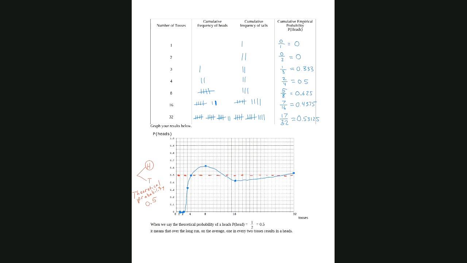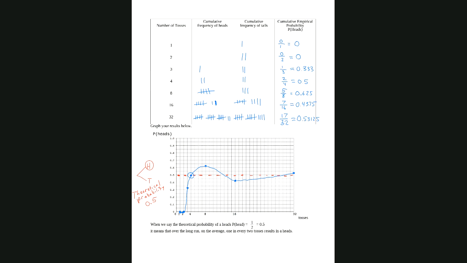And so what appears to be happening is that when we first started the experiment, we couldn't get the theoretical probability of 0.5, literally, because it's one toss. So you're either going to have a probability of 0 or a probability of 1. Then at some point, we were able to match the cumulative empirical probability to the theoretical probability. But it didn't stay there forever. It wavered quite a bit.